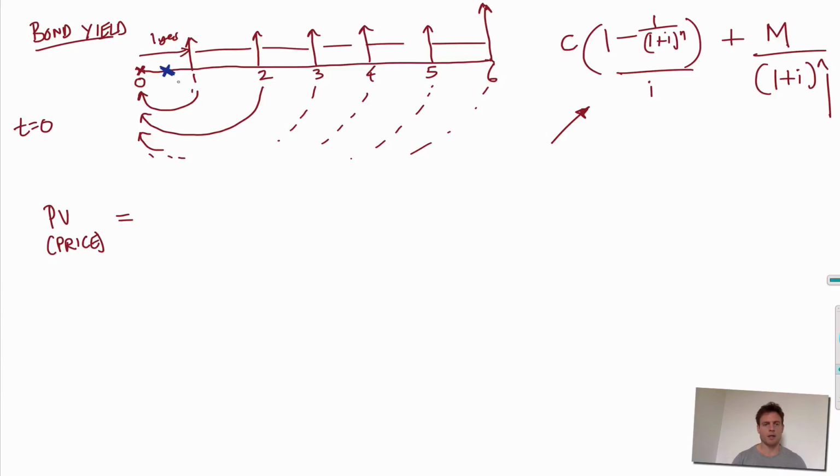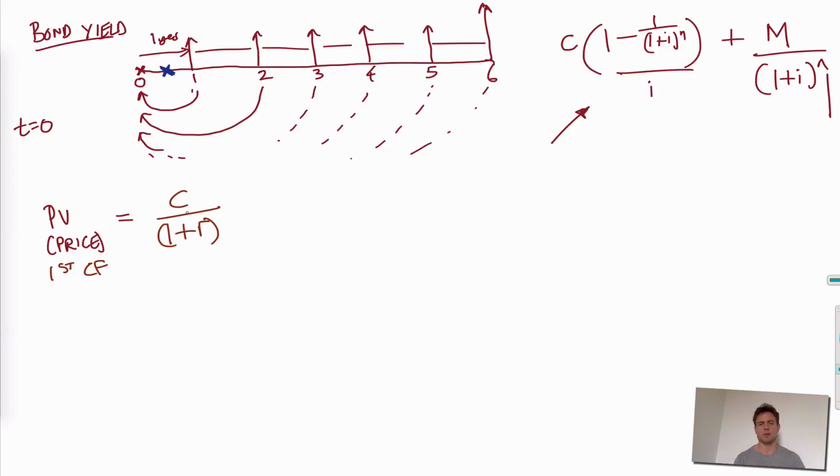It's no longer the case that the first cash flow is a whole year away; it's now 6 months away from the present. So the PV for the first cash flow was previously the coupon divided by 1 plus R, where R is the yield for that periodicity.